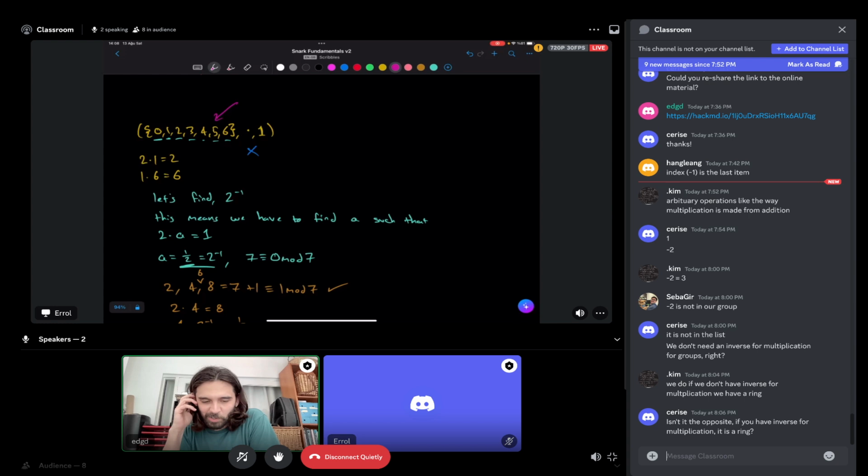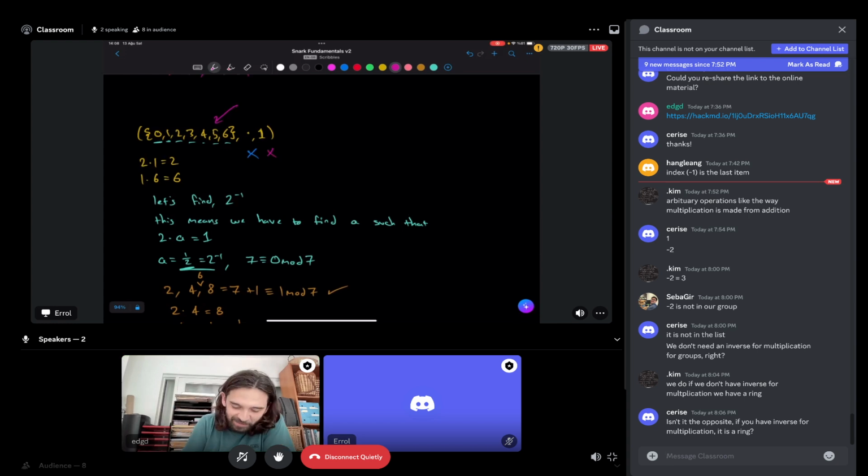Okay, no comments yet, but this isn't a group. It fails our group test because not every element has a multiplicative inverse.